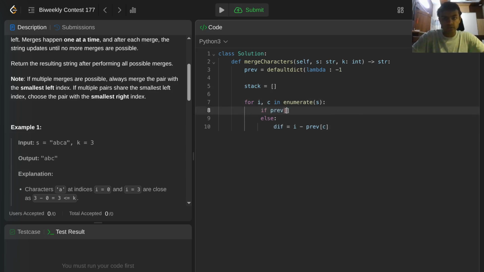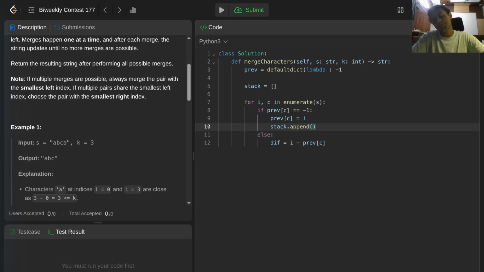If previous of c is equal to -1, then previous of c is equal to index. Append to stack, append c. Okay.